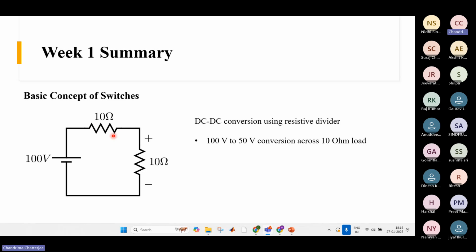Again, across this resistance, the voltage drop is 50. This way, by putting proper resistor values and using it as a resistive divider, you can step down the voltage from 100 volts. If you tap the voltage here and here, you can get 50 volts. Am I clear?